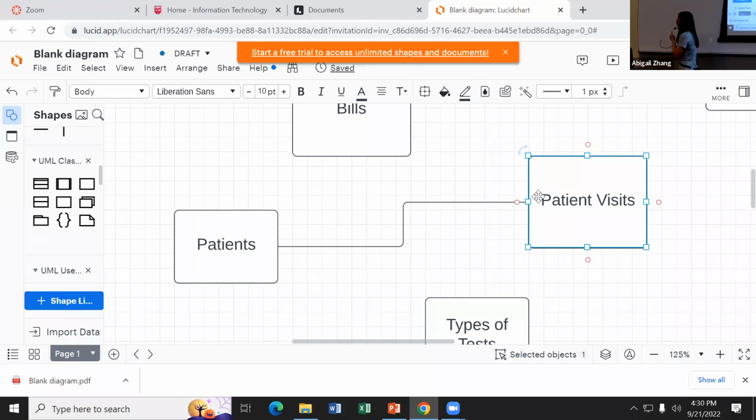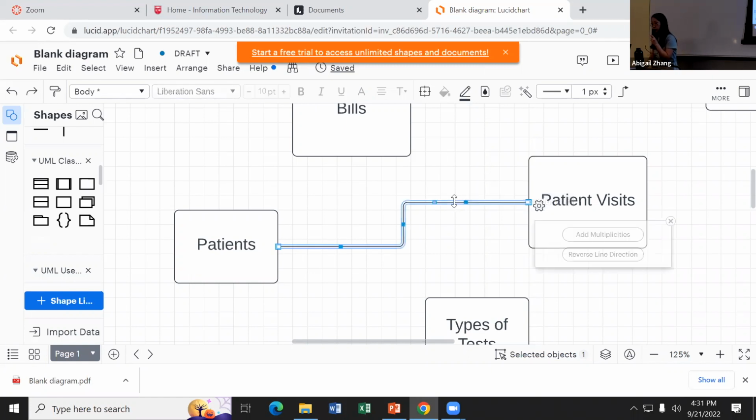Can a patient have multiple visits? 0 to many on the patient visit side, right? How about the multiplicity on the patient side? Each patient visit is associated with how many patients? 1 patient, because this patient Abby's visit on this day is only related to Abby.